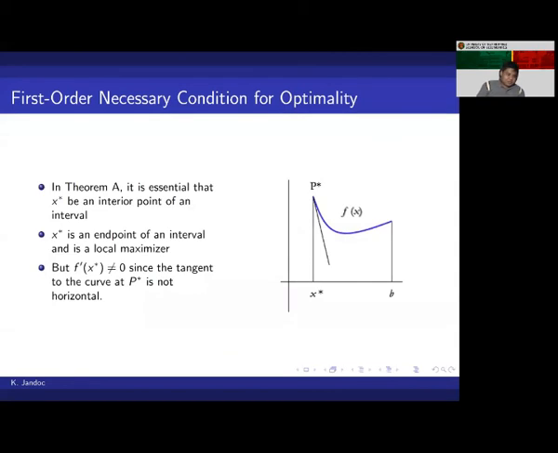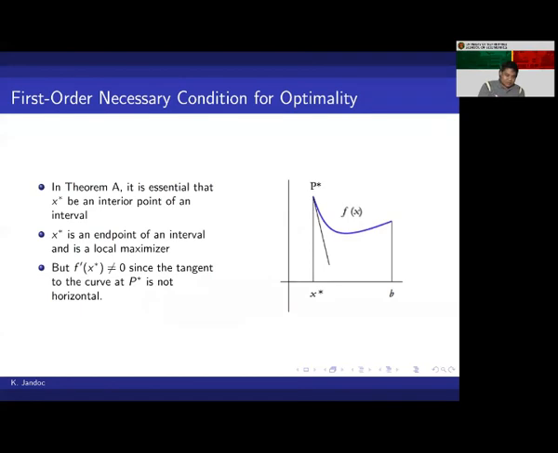Also, an essential ingredient of the theorem is that the candidate optimizer x star should be an interior point. So it's inside the open interval (a, b). However, in this case, look at the function f of x.